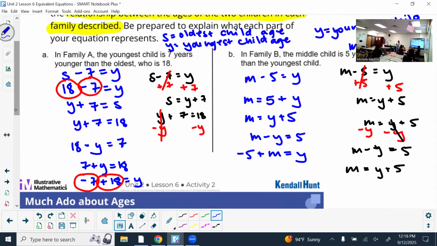So something is equivalent if you can do blank. Not just if they have the same variable, there's things you could add to this list that are wrong. Like if I were to do 5 minus m equals y, they have the same variables, but this would be wrong. Wouldn't be the same answers.